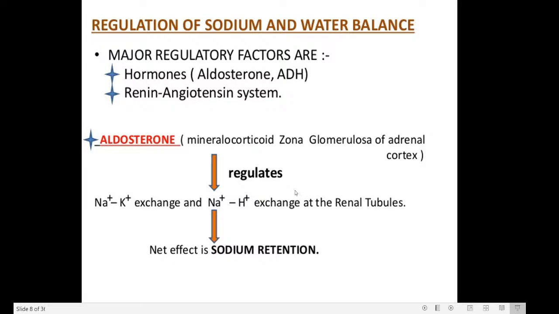Its net effect is sodium retention. Sodium retention is a signaling pathway. This is a very important thing; it has been asked 2 or 3 times in the CSIR questions, so I have included this. This is aldosterone, produced from the adrenal cortex.